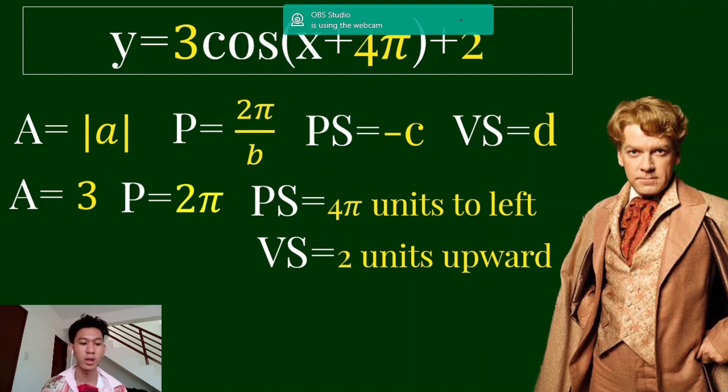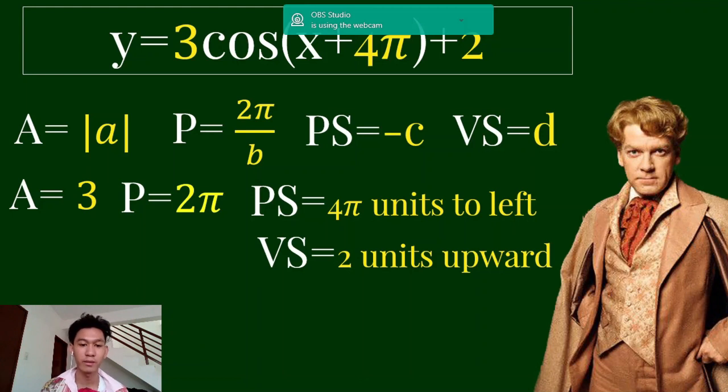For amplitude, we have the absolute value of a. A is equal to 3, therefore the absolute value of a is equal to 3. For period, we have 2 pi over b. Our b is equal to 1. So instead of writing b, we're going to write 2 pi over 1. So our period is equal to 2 pi. For phase shift, we're just going to substitute negative c, which is negative 4 pi.